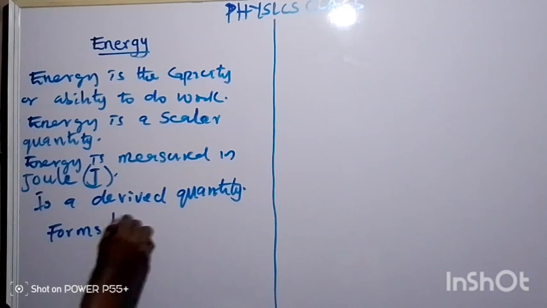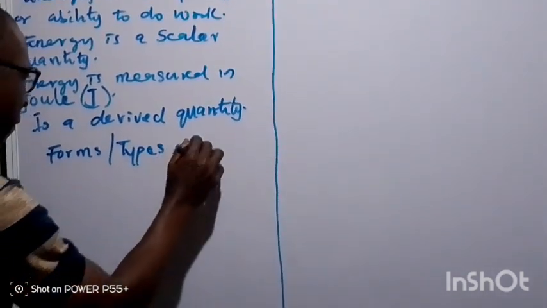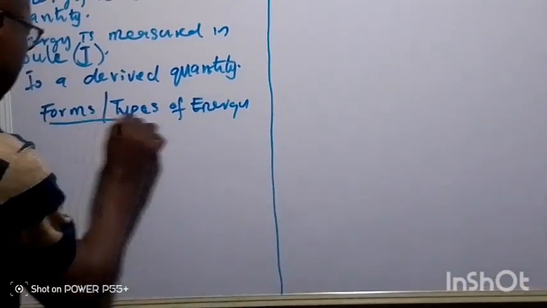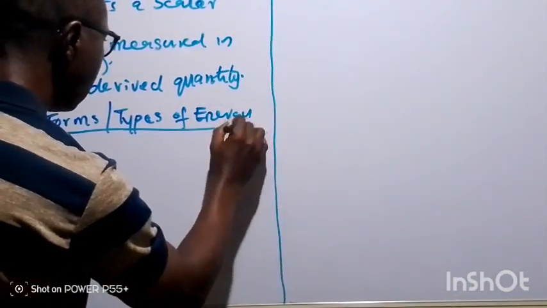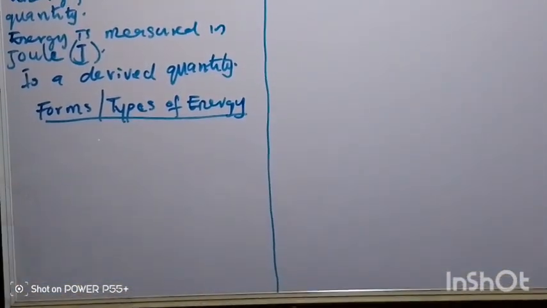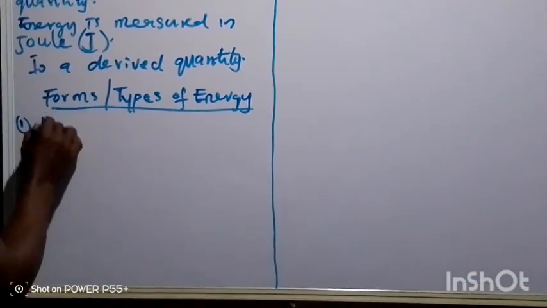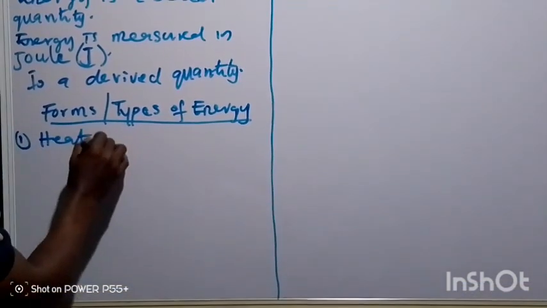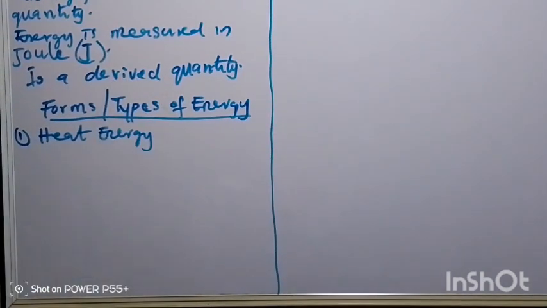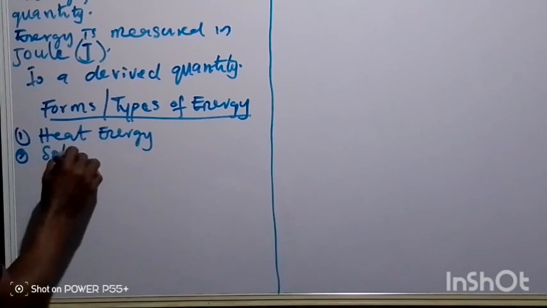Now, the next thing is forms, or you can call it types, of energy. We have different forms of energy. Let's mention a few. One, we have heat energy. Two, solar energy.